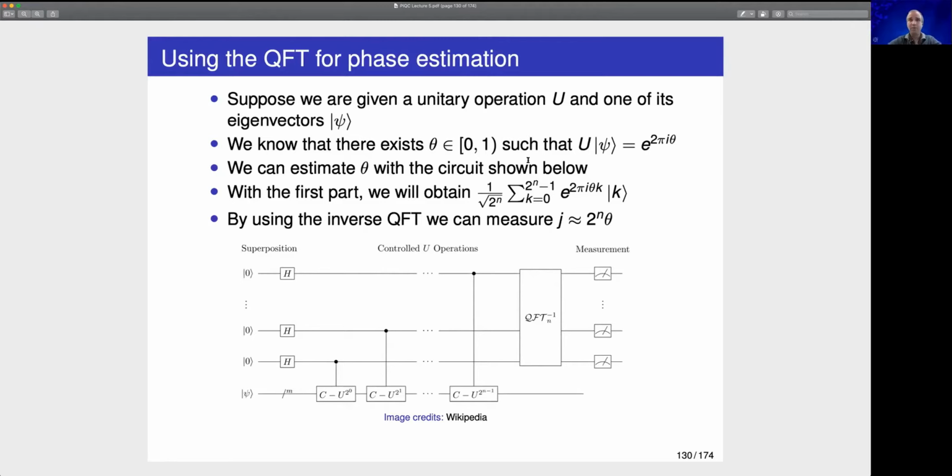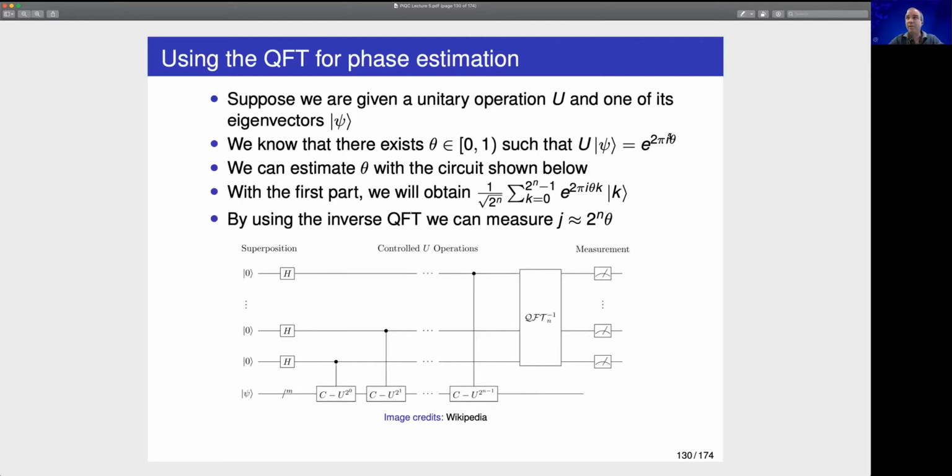Okay, so in this algorithm we are given a certain unitary operation, and one of the eigenvectors of this unitary operation. Remember that a unitary operation is something that we can see as a matrix multiplication, and since it is unitary, it always has eigenvectors whose eigenvalues are of this form.